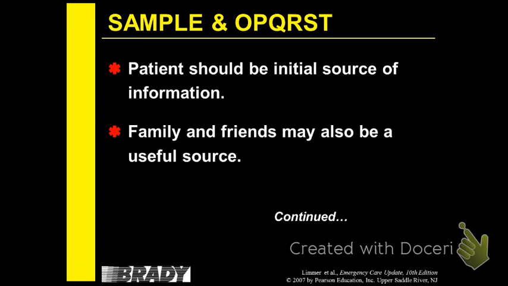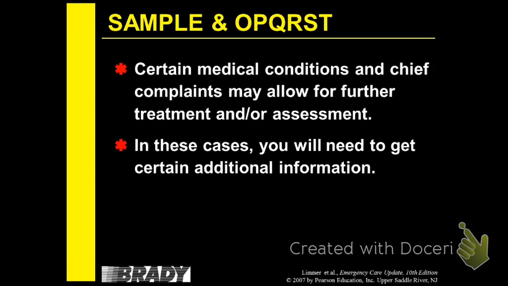You just want to make sure that they're the best historian. The family is sometimes not the best historian. Even though the patient may be a little confused, sometimes they're still the best historian of their care. The family may not be around. And that's sort of the same.